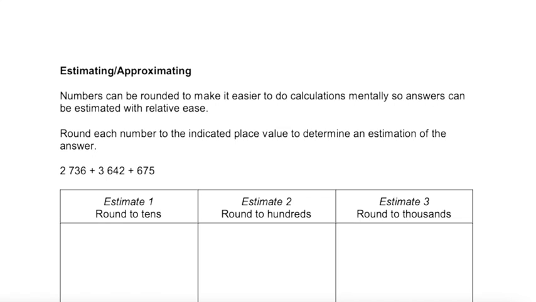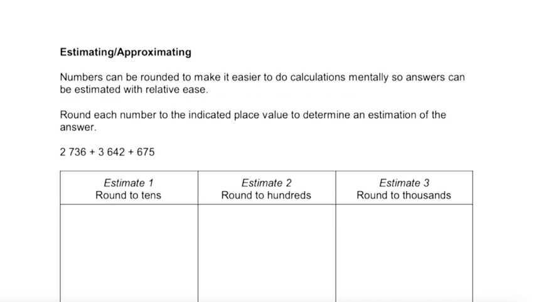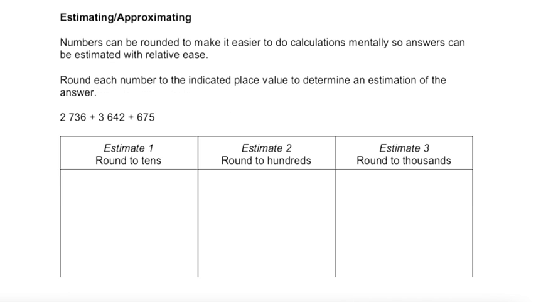So we can take that idea of rounding to do some estimations as well. And we can do this because sometimes dealing with numbers in our head, so that mental math, can be challenging if we don't think about rounding. So numbers can be rounded to make it easier to do calculations mentally, so answers can be estimated with relative ease.